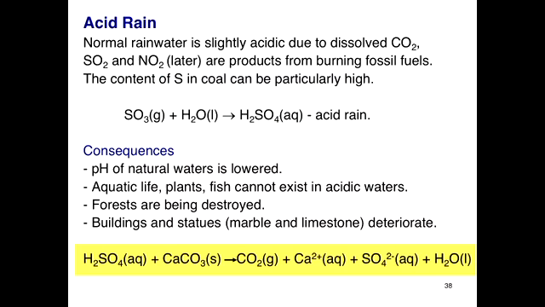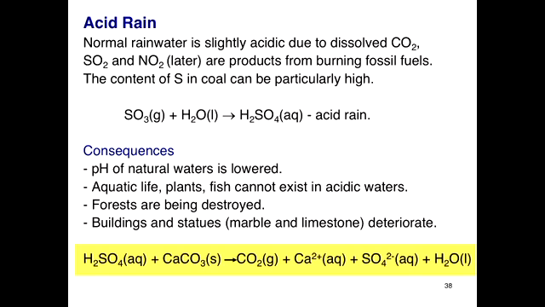We just mentioned acid rain before. So if this reaction occurs in the atmosphere, where SO2 interacts with fine particulate matter, the dust, etc., it gets converted to H2SO4, which is, of course, a very strong acid. Now, the consequence of that is that when the rain falls, we have a very low pH.